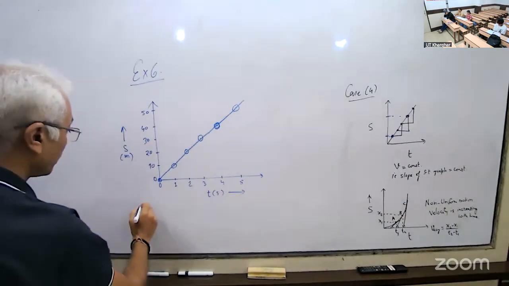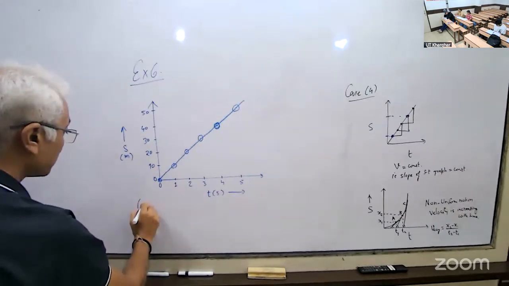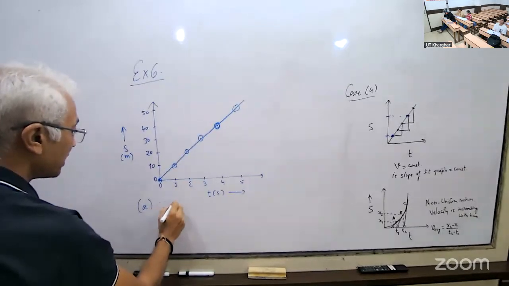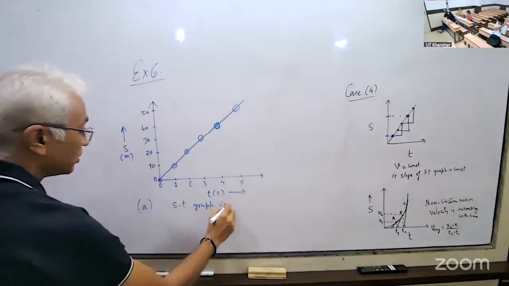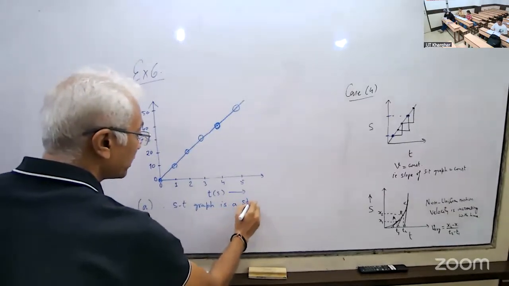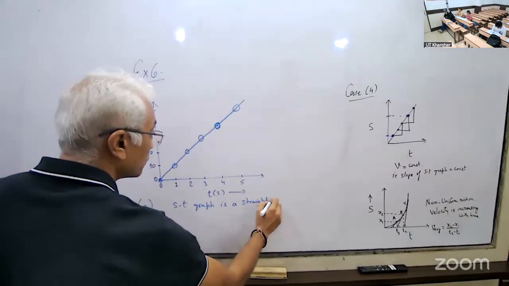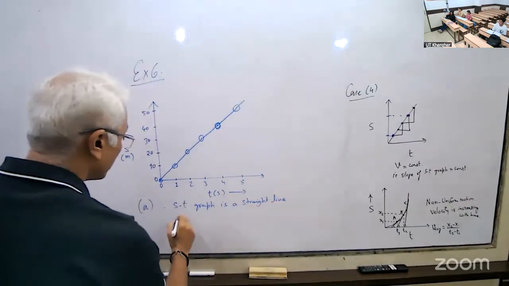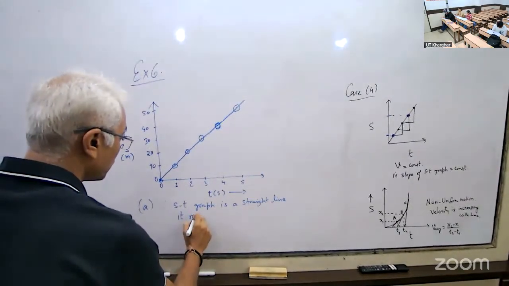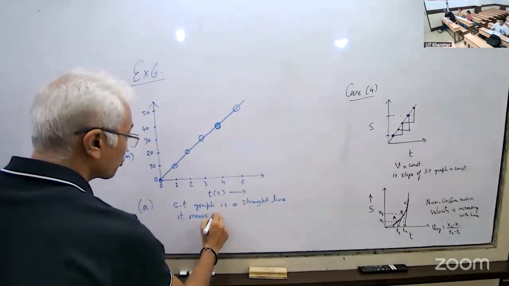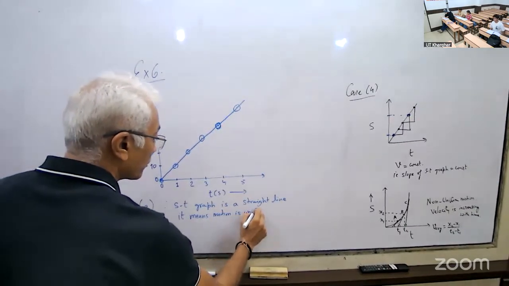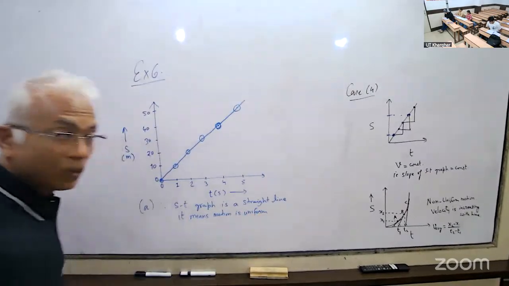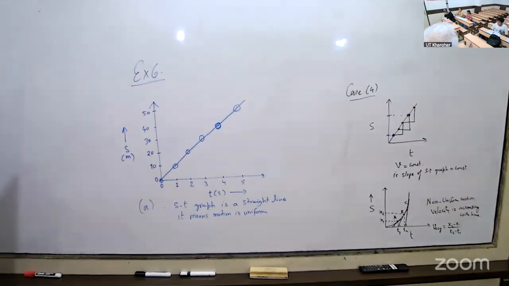So the nature of the graph: since the ST graph is a straight line, it means motion is uniform. Understood? Just by looking at the graph, you can tell whether it is uniform motion or not.